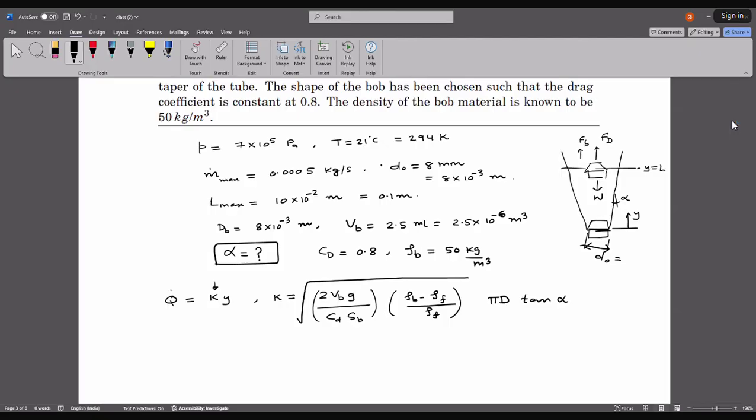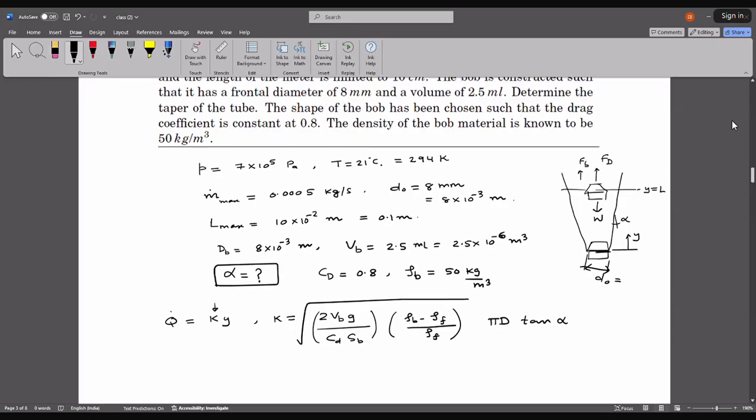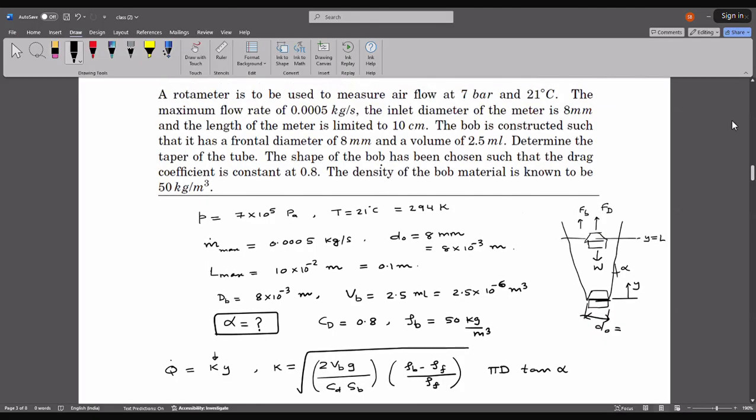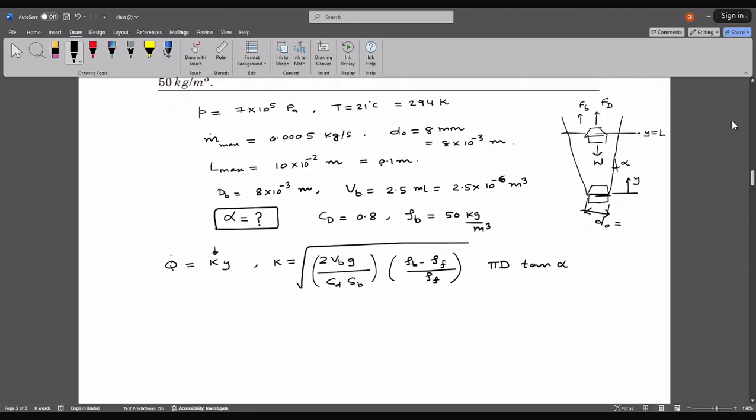Okay, so the fluid is air. We need to first know what is the density of the fluid from the pressure and temperature condition.